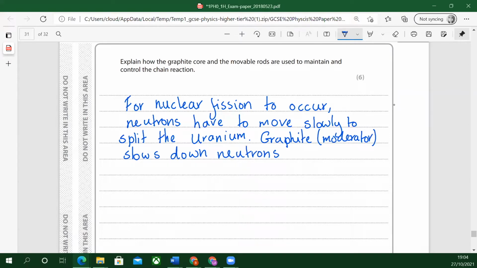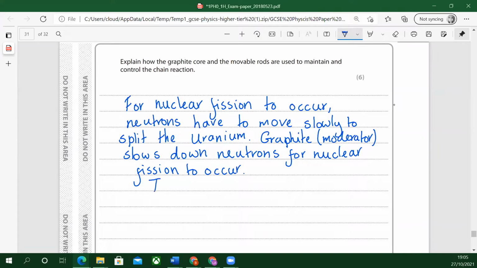You can use other things for a moderator, but graphite is one of them. It slows down neutrons for nuclear fission to occur. Okay, that's what they do.